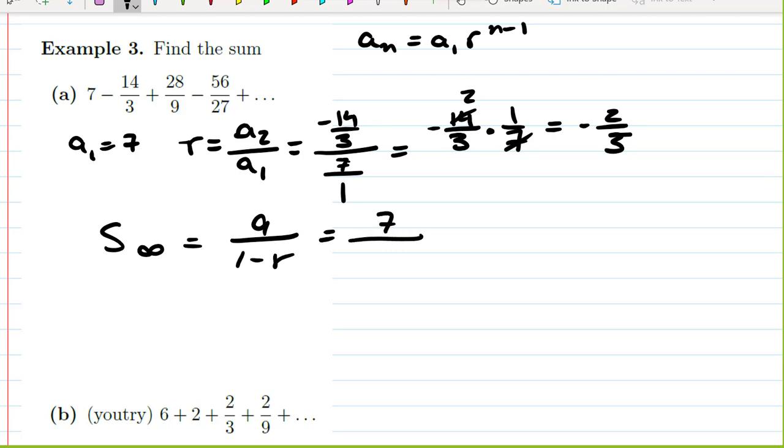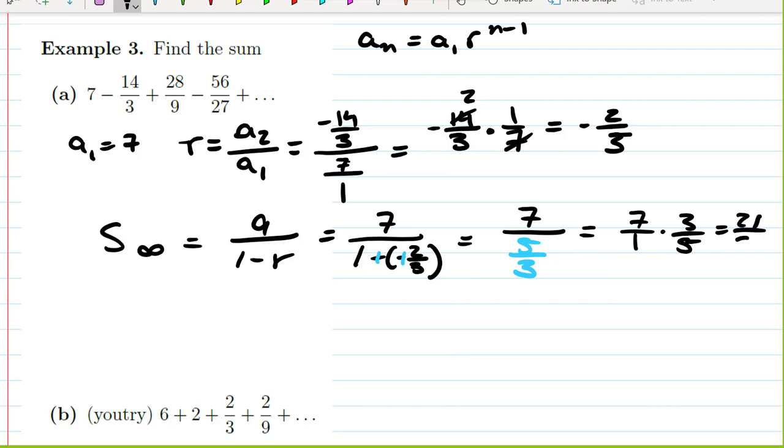So it's going to be 7 divided by 1 minus a negative 2 thirds, which is going to give us 7 all over, the minus minus gives us a plus plus. So 1 plus 2 thirds gives us 5 thirds. So then 7 over 1 times the reciprocal 3 over 5 is 21 over 5. So the sum of 7 minus 14 over 3 plus 28 over 9 minus 56 over 27 is 21 over 5.